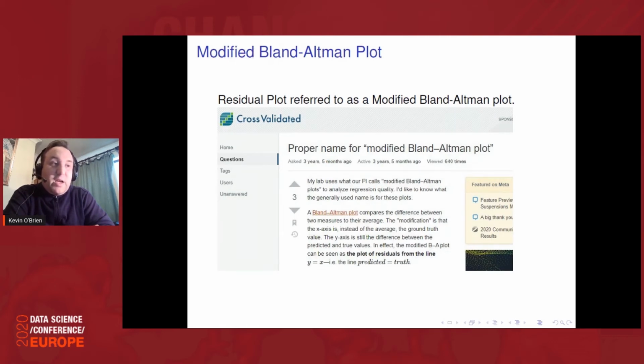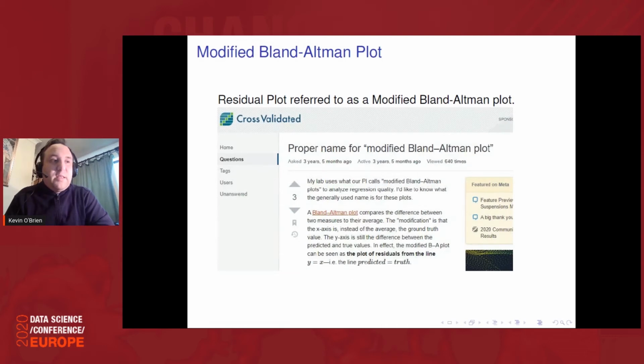Now, I don't want to criticize them. They obviously have quite good statistical intuition, but it tells a lot about the relative prevalence of the two. So that's a little bit about the Bland-Altman plot.